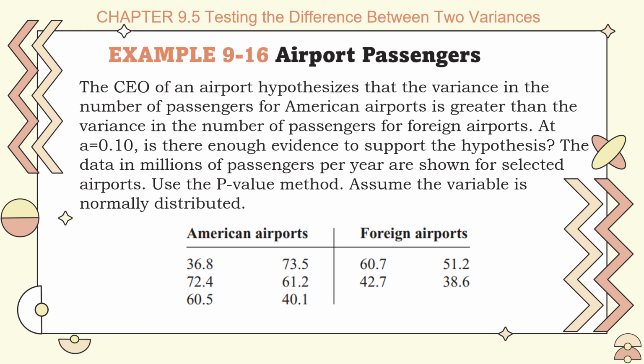At an alpha level of 0.10, is there enough evidence to support the hypothesis? The data in millions of passengers per year are shown for selected airports. Use the p-value method. Assume that the variable is normally distributed. And we have this table for the American airports and for the foreign airports.